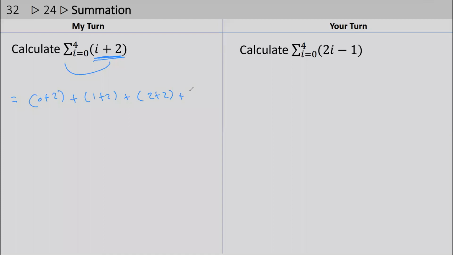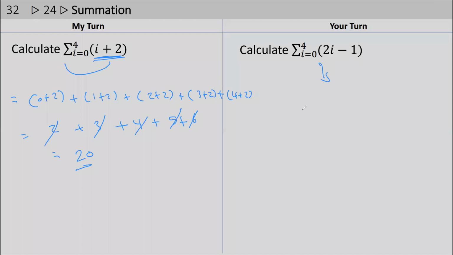When I is 3, this is 3 plus 2. When I is 4, this is 4 plus 2. So it's equal to 2 plus 3 plus 4 plus 5 plus 6. So here is 5, 9, 14, 20. Yes, 20.